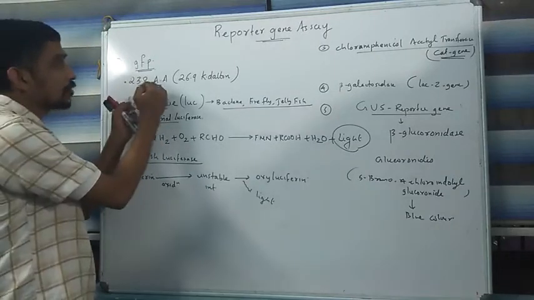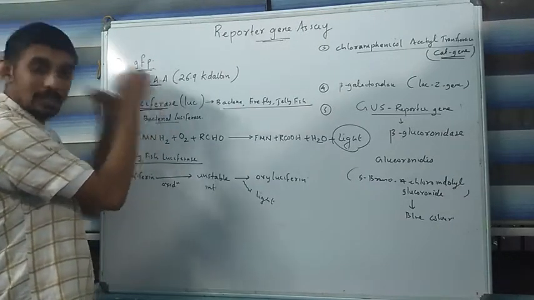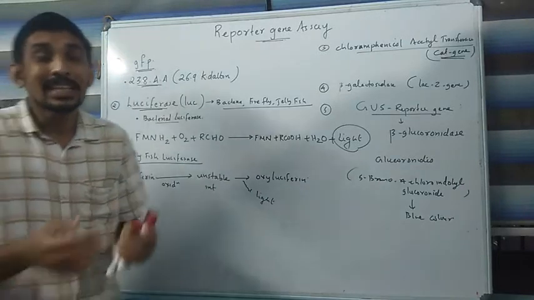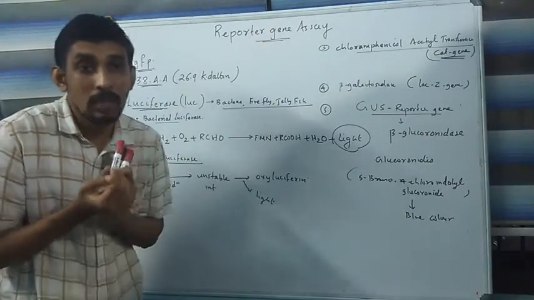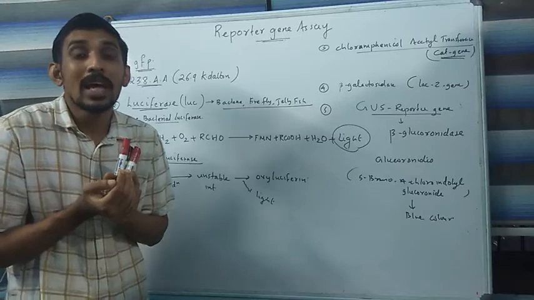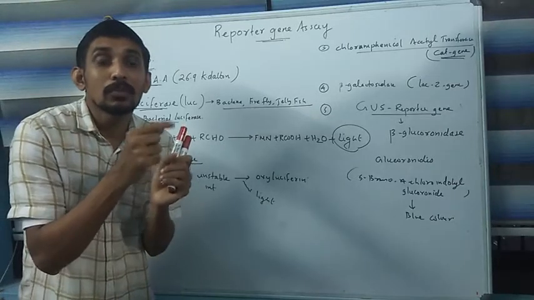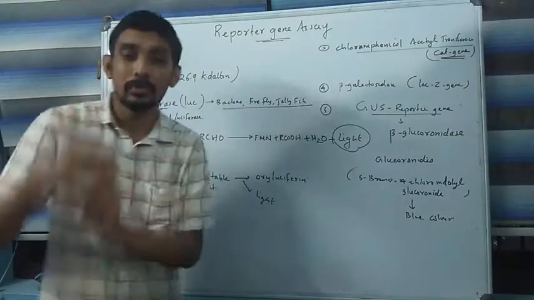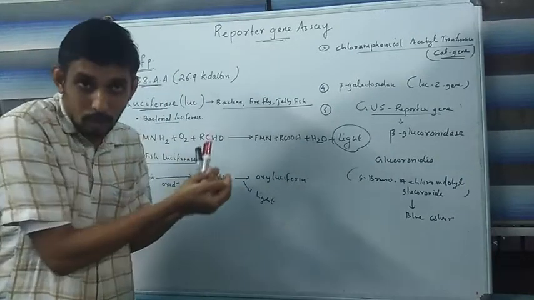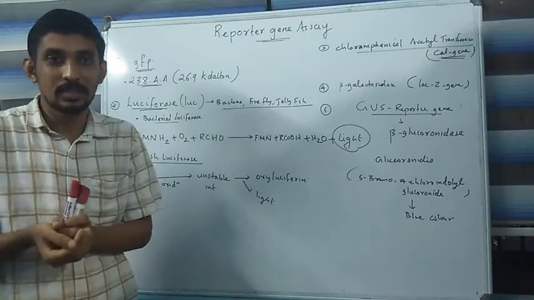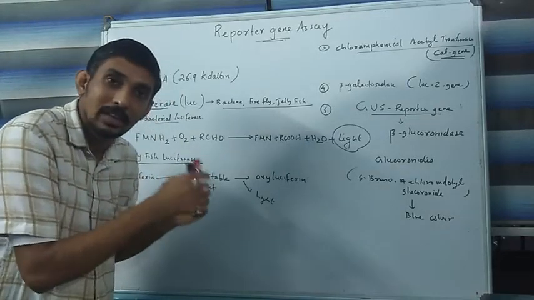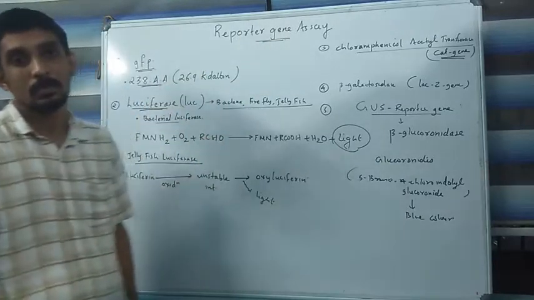The salient feature of this GFP protein is that it can perceive light with a wavelength ranging from violet to UV. So it mainly absorbs UV light, or more accurately, light wavelengths ranging from violet to UV.